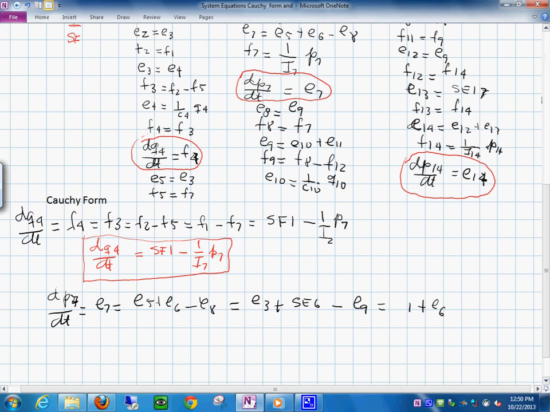So this would be 1 over C sub 4 Q sub 4 plus SE6 minus 1 over C sub 10 Q sub 10 minus R11 multiplied by 1 over I sub 7 P sub 7 minus 1 over I sub 14 P14.